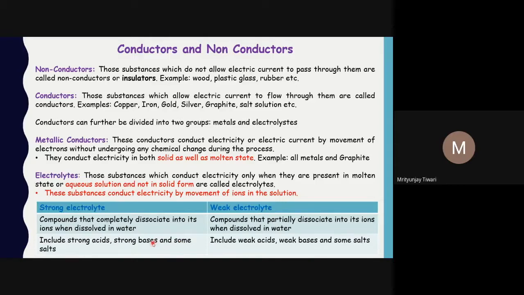We need to provide that energy, and when the compound is dissolved in water, what happens after ionization? These ions will be surrounded by water molecules, and because the water molecules surround them, a certain interaction happens, and that interaction causes a decrease in the energy. Energy is released if any attractive interaction is happening. Water molecules interact attractively with the different cations and anions, and so certain energy is released.